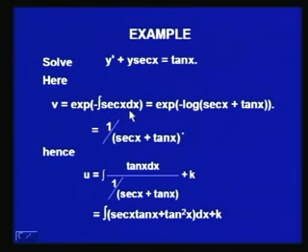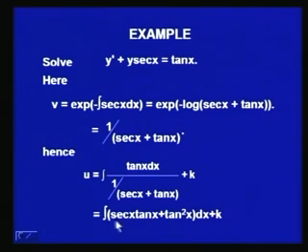Now we know that the integral of sec x with respect to x is log(sec x + tan x). So v will be equal to e^(-log(sec x + tan x)), which is also equal to 1/(sec x + tan x), and hence u will be equal to the integral of q/v. Q is tan x, v is 1/(sec x + tan x), into dx plus k.